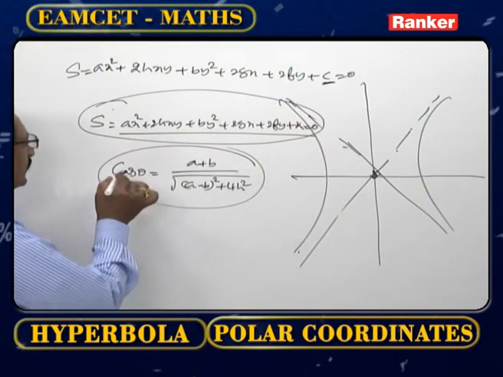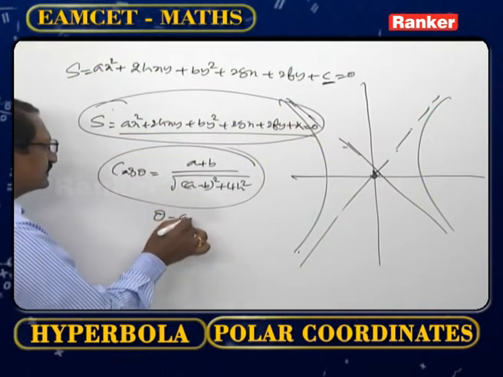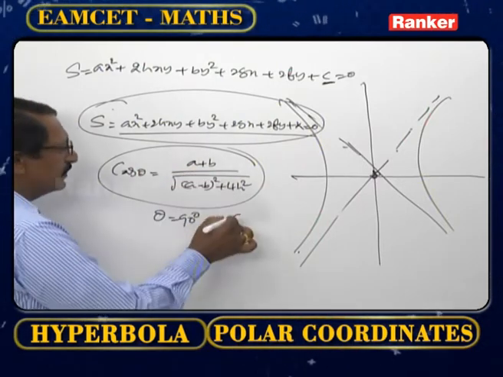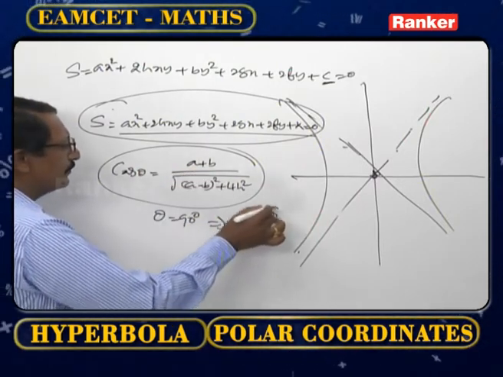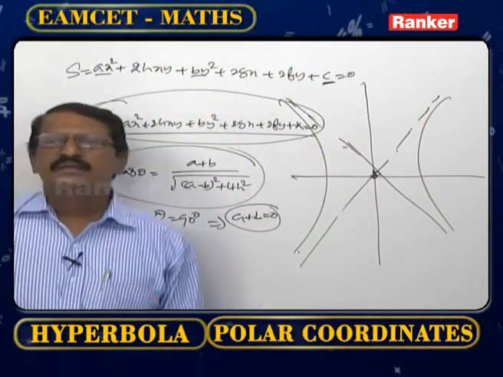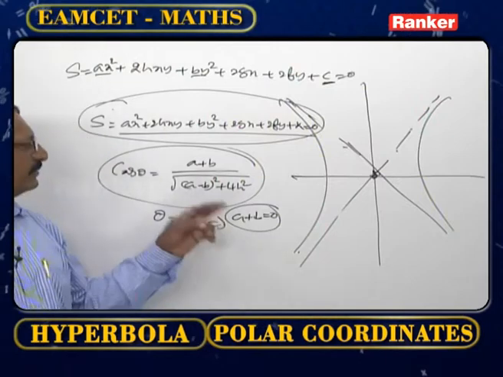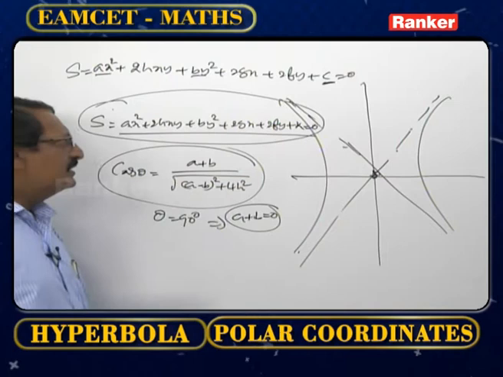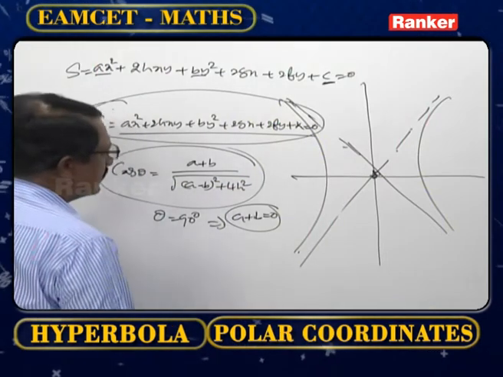Now, if theta equals 90 degrees, then cos 90 is 0, so we get a plus b equals 0. That is, the coefficient of x square plus the coefficient of y square equals 0. Then the angle between the asymptotes of the hyperbola is 90 degrees.